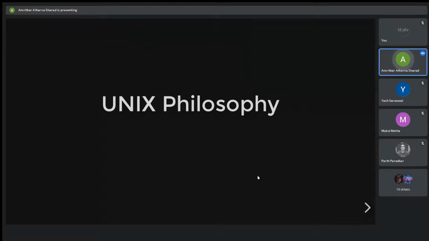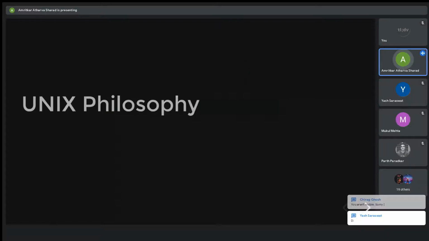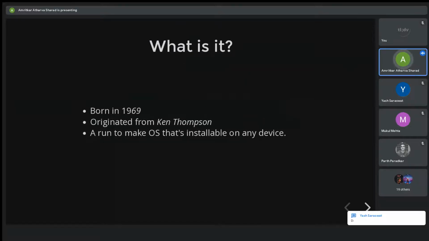I'm Atharva, and I'll be talking about the Unix philosophy, something very simple. So the Unix philosophy, going back to the 1960s: why was Unix made? In the 1940s and 50s, every operating system was very machine specific.